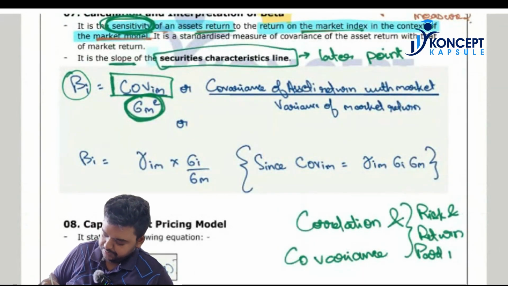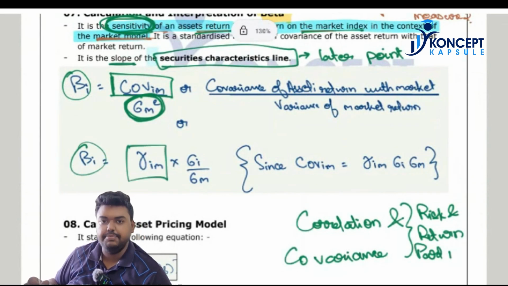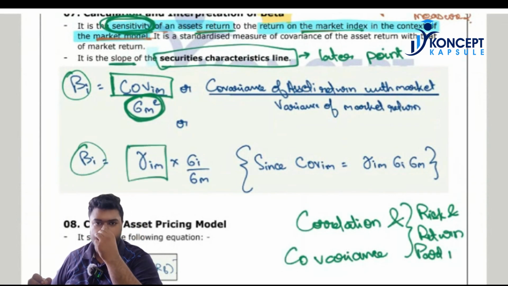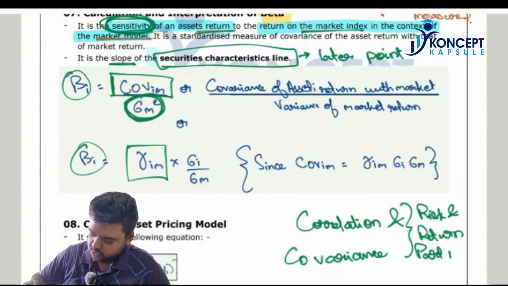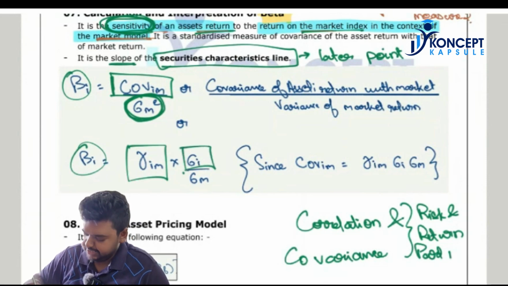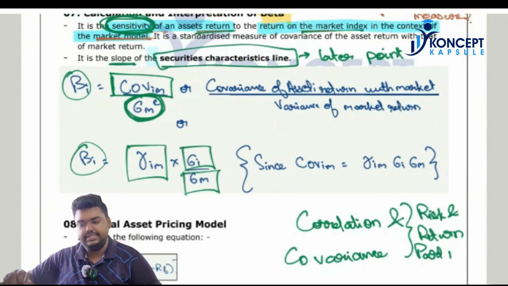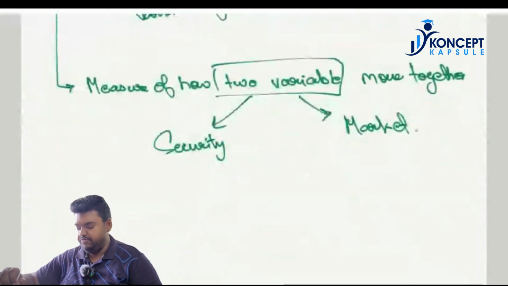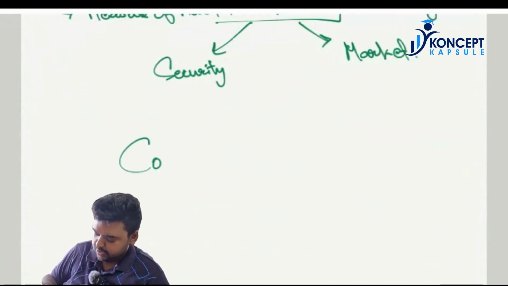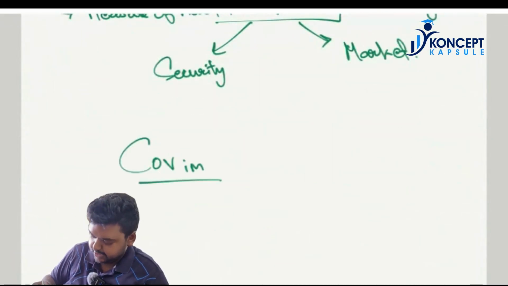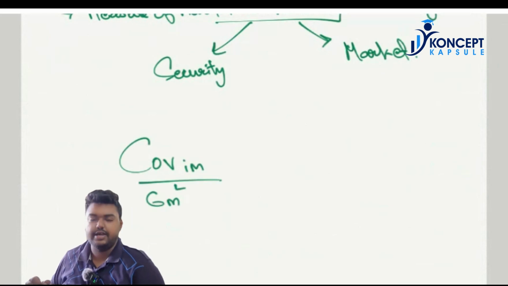Additionally, how can you do it? Beta is nothing but the correlation coefficient between the market and the security return, into sigma I by sigma m. So what are we basically doing? We had this original expression, correct?